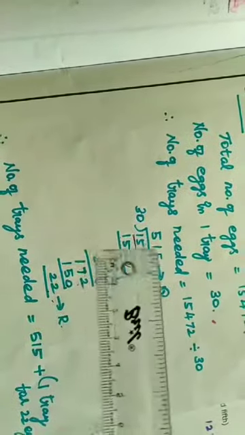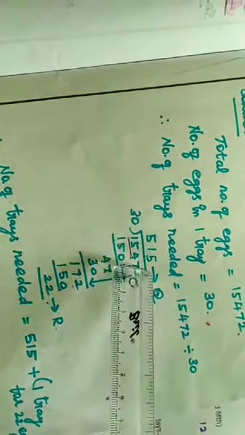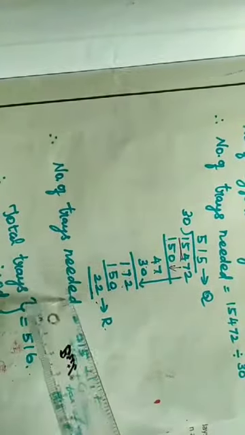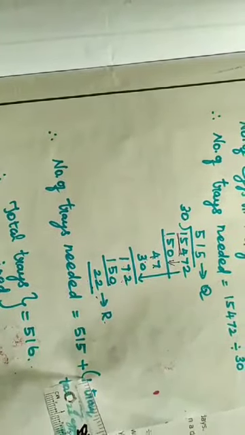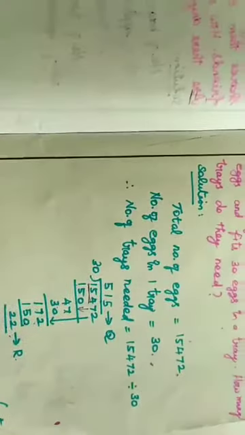The division, you will see, refer to your classwork and do the division clearly. So 515 trays will be obtained from here. So number of trays needed is 515 plus 1 tray for the 22 remaining eggs. Therefore total trays here is 516. Can you understand this?